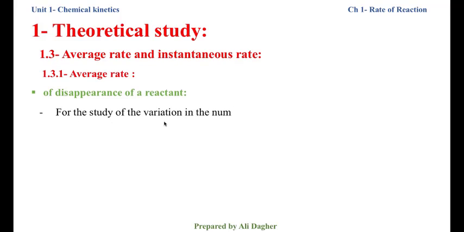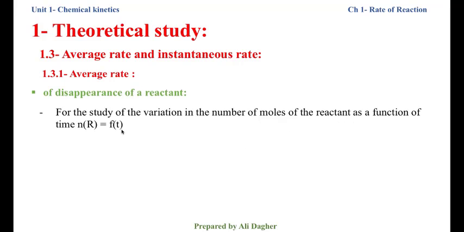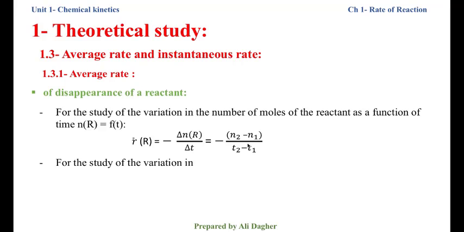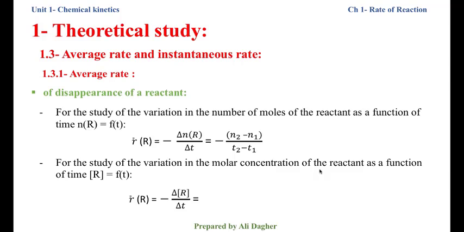For the study of the variation in the number of moles of the reactant as function of time, n reactant equal f(t), average rate equals minus delta n reactant over delta t, which is minus n2 minus n1 over t2 minus t1. For the study of the variation in the molar concentration, the relation becomes minus delta concentration over delta t equals minus concentration 2 minus concentration 1 over t2 minus t1.